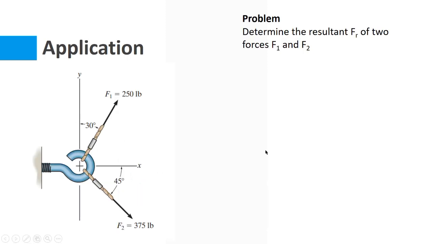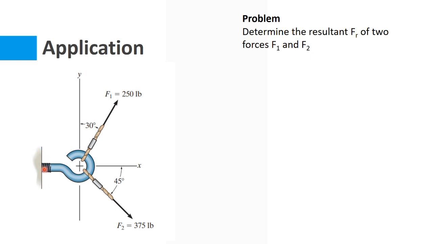Okay, so far we have discussed the vector operations in detail. Now we have to solve a practical problem of these vector operations, so you can have deep insight into all of them. In this practical problem we have to determine the resultant force Fr of the two forces F1 and F2. There is a hook connected with a fixed support through a wall.